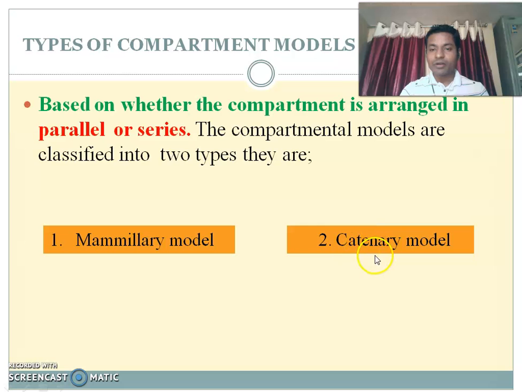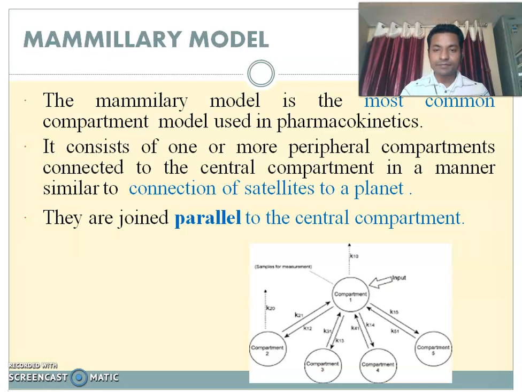In the catenary model, all compartments are arranged in a series. In the mammillary model, compartments are arranged in parallel to each other, right? This is the main difference. In the mammillary model, compartments are arranged in parallel. In the catenary model, the compartments are arranged in a series.